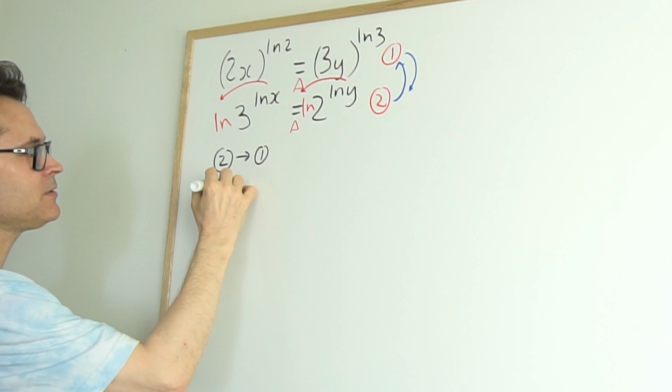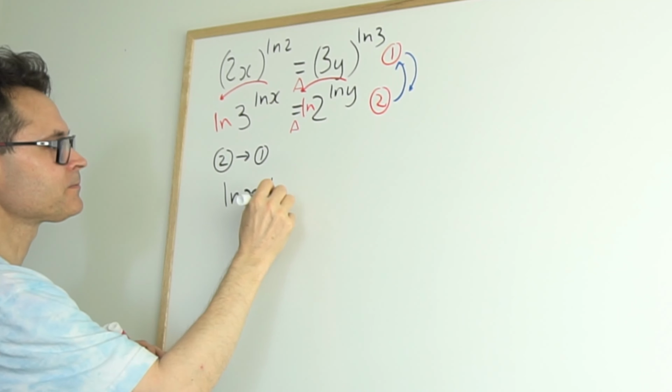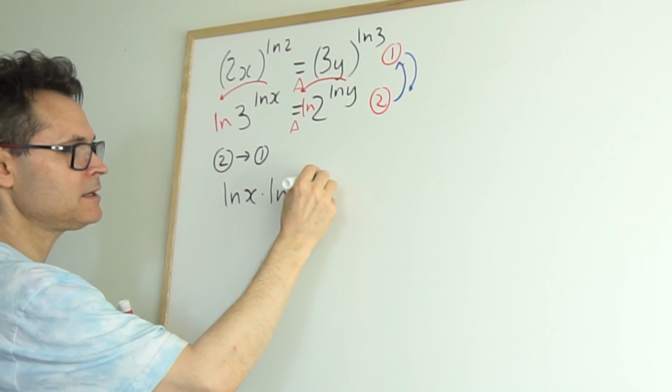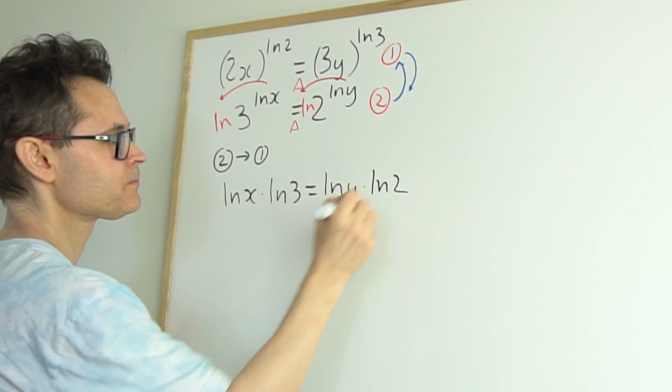So that's going to give me the ln of x times the ln of 3 on the left-hand side. And on the right-hand side, that's going to give me the ln of y times the ln of 2.